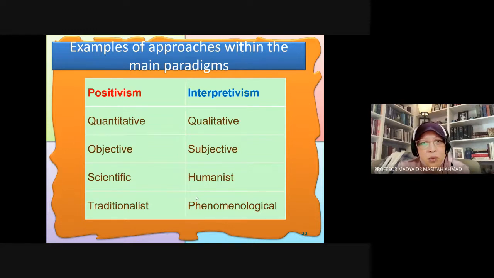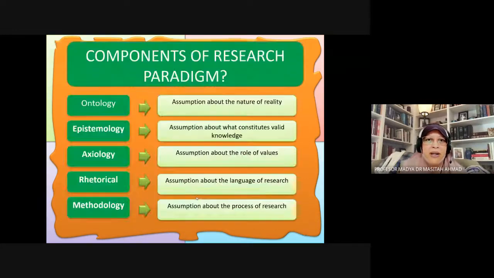But when it comes to interpretivism, it's suitable with the qualitative, and it's more subjective, humanist, and phenomenological. It's not traditional like positivism. So this table might also help you find out which approach is actually suitable with your main paradigm.